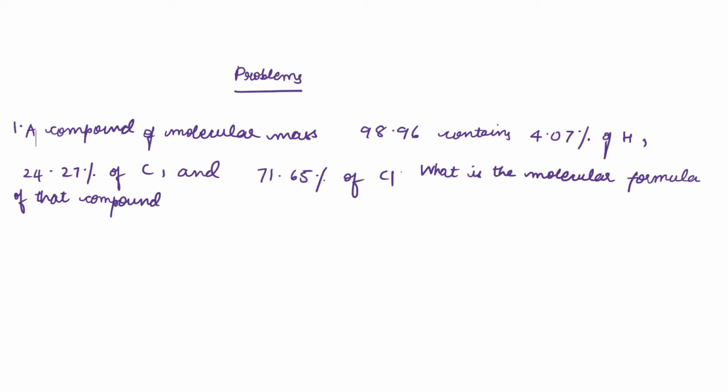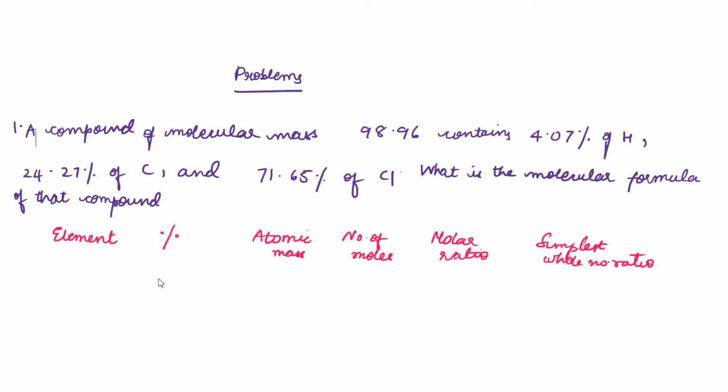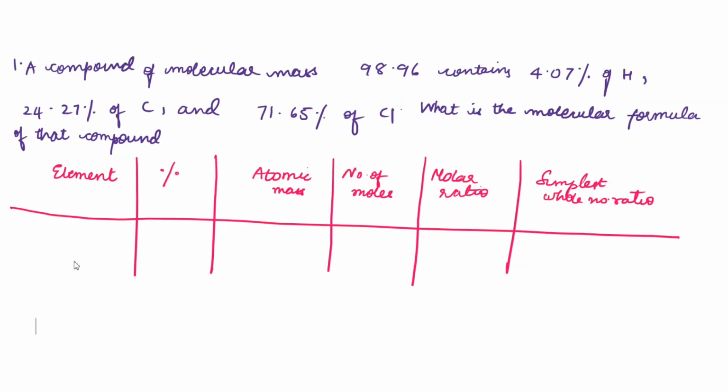From the given data in the question, we can construct a table: element, percentage, atomic mass, number of moles, molar ratio, and simplest whole number ratio. First element, they have given hydrogen. So hydrogen, 4.07% is present.